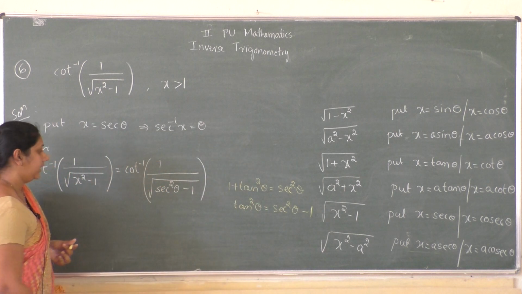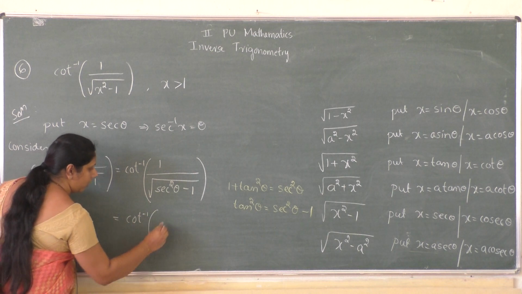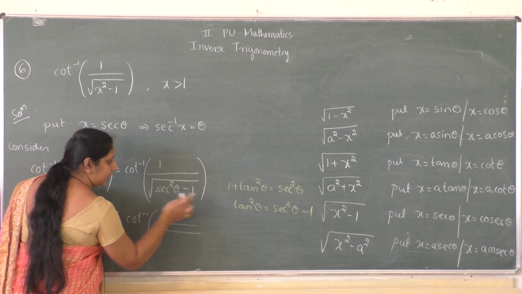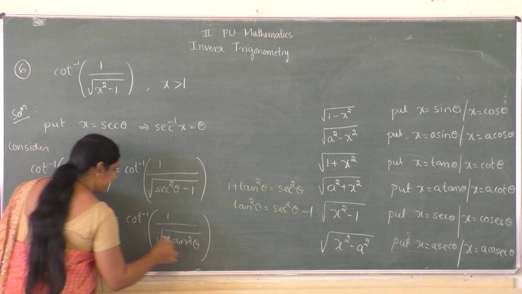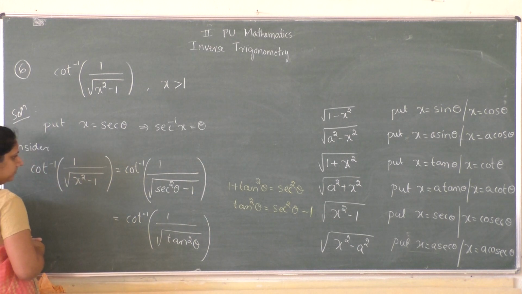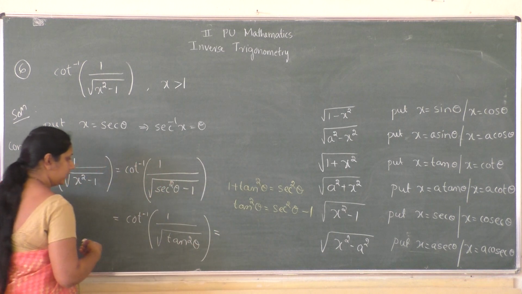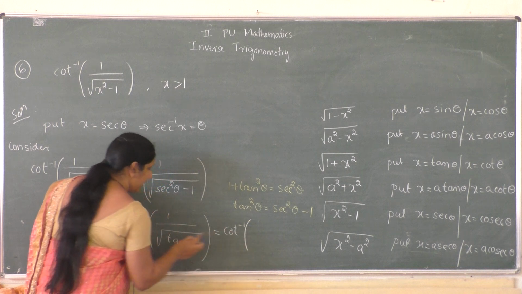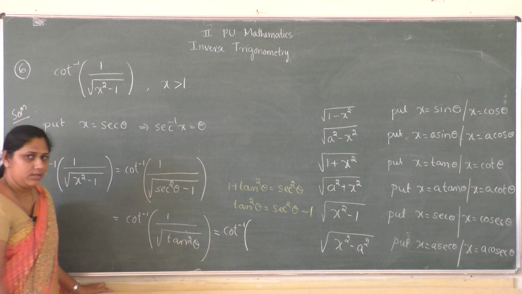So in the place of sec square theta minus 1, we can write tan square theta. So it becomes cot inverse of 1 by root of tan square theta. Now, the root and square getting cancelled, right?